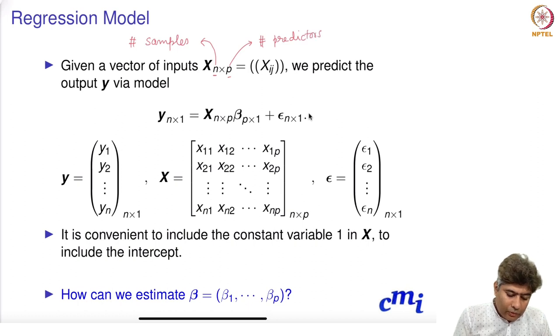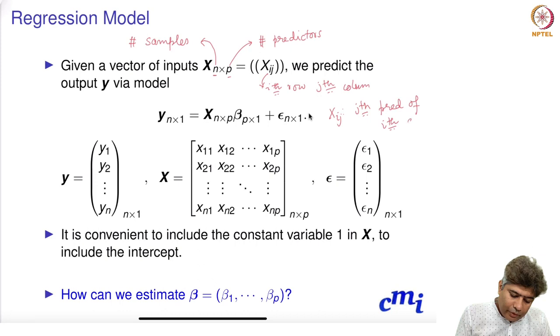So xij is the ith row and jth column. Basically xij stands for the jth predictor of the ith sample.